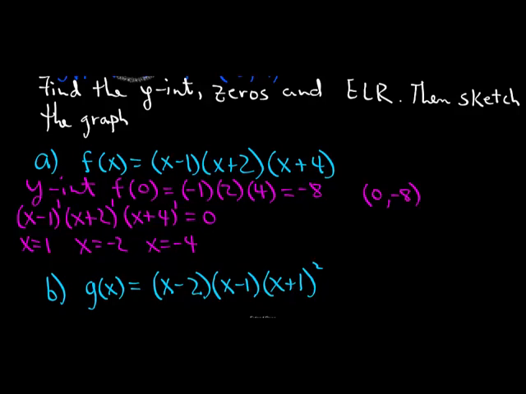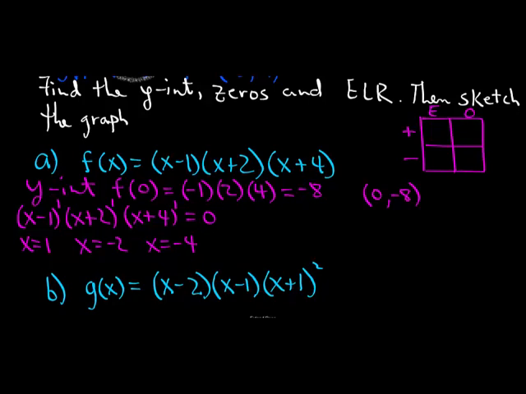Now, as far as the extreme left and right behavior, remember what we said about it. When you have a polynomial, sometimes the leading coefficient will be positive and sometimes negative. Sometimes the power of the polynomial will be even and sometimes it will be odd.